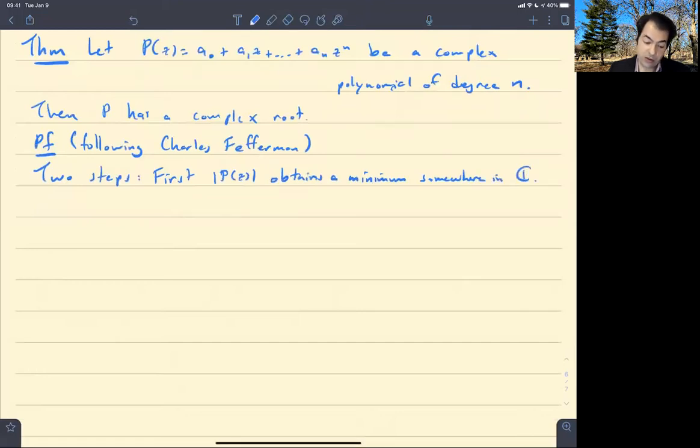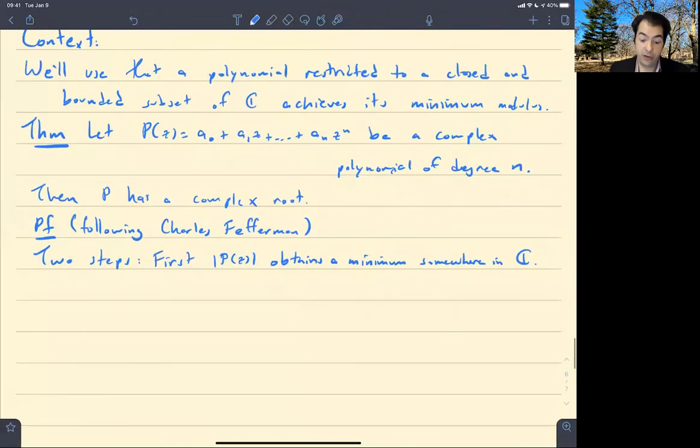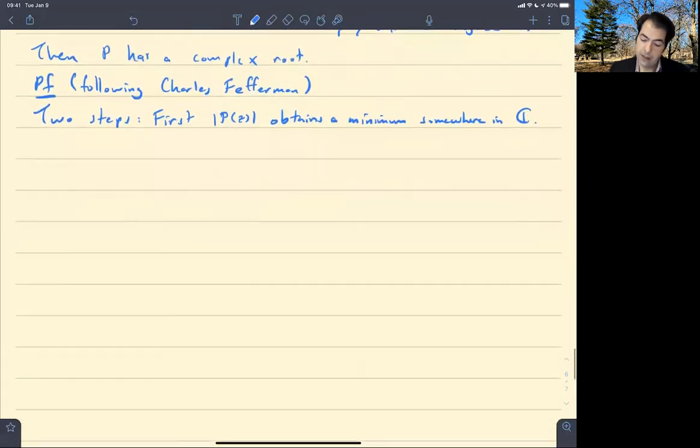Notice that this isn't just the statement I made up here, because the complex plane is not a closed and bounded subset of the complex plane. And then second, that minimum is 0. Okay, so those are the 2 steps.